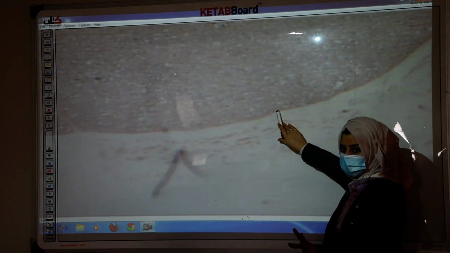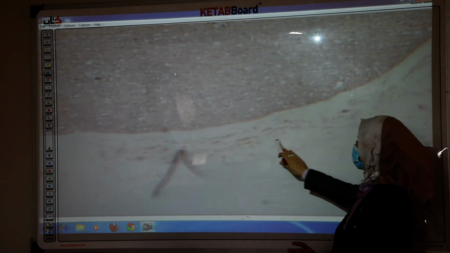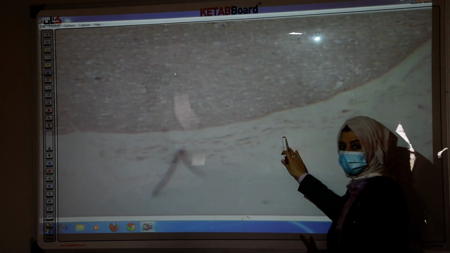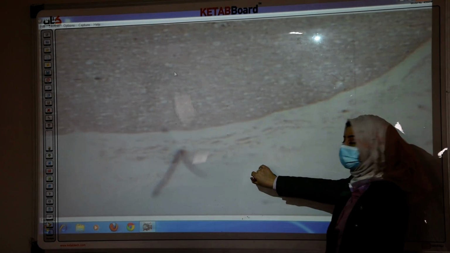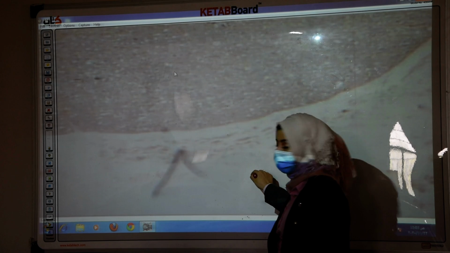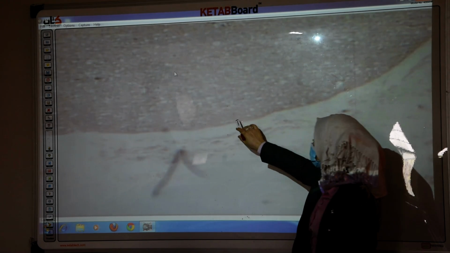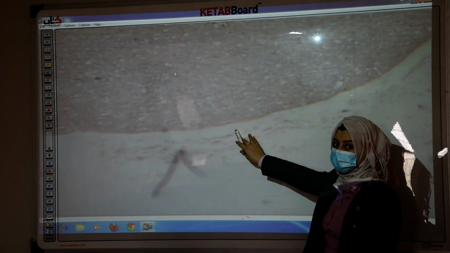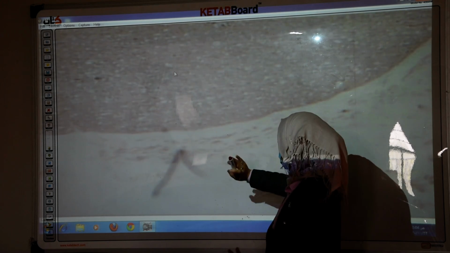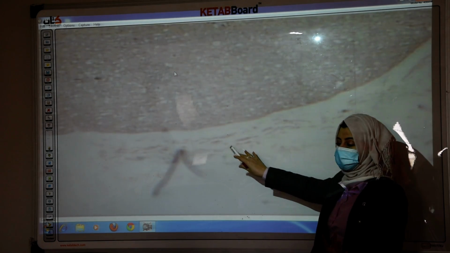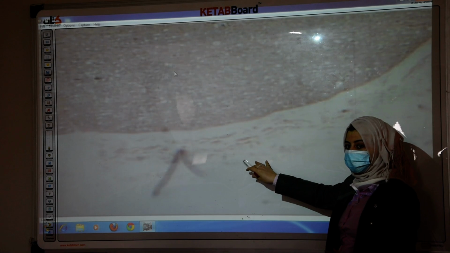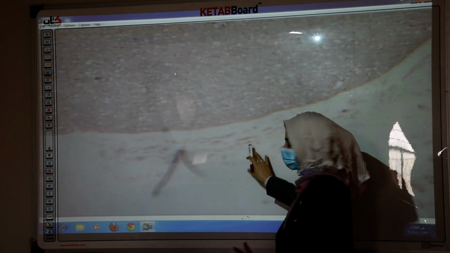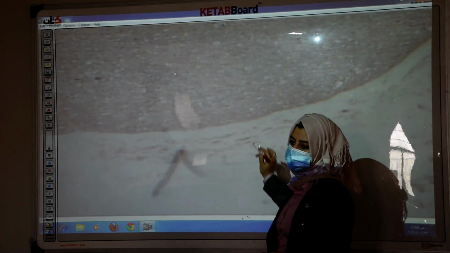The first is called pia mater, the second is called arachnoid, and from outside it's called dura mater. The space between the pia and arachnoid is called the subarachnoid space, and between the arachnoid and dura mater is the dural space.